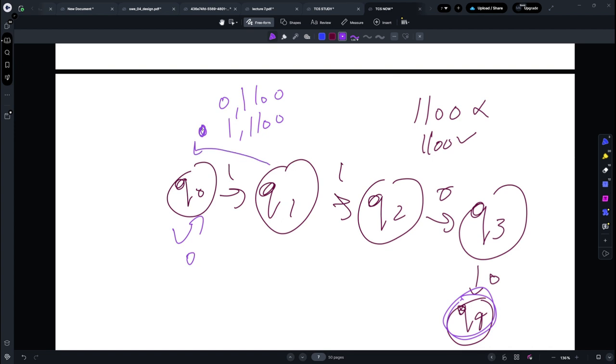Because we locked a 1, 1, 0, 0. Then 1, 1, 0, 0 will not be in a sequence. We want this in a sequence. Then in here, if we were to send a 1 back there, it can go back again and then take another 0, and then it will make 1, 1, 0, 0. See, let's try.